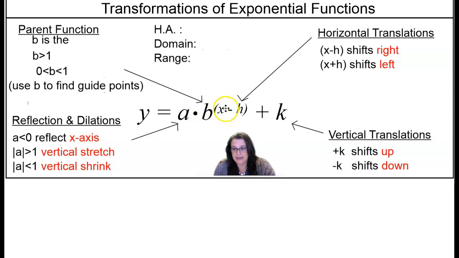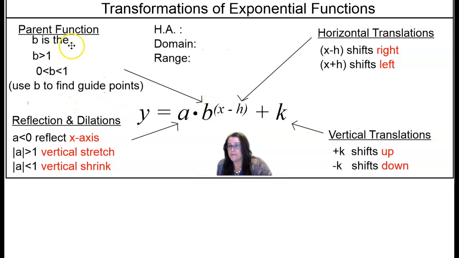That still is the case, and you can control the transformations with respect to the horizontal stretch and shrink and y-axis reflection using that value. But just to make things a little more simple, in the notes, we're going to exclude looking at that particular feature for these problems that we're going to go over together today.